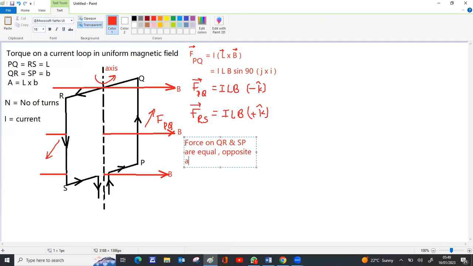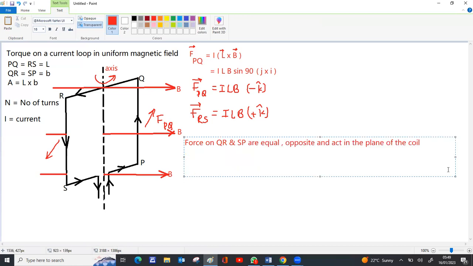Opposite, and act in the same plane of the coil. So it won't produce any torque, it won't rotate, just act up and down, try to displace, but they are getting cancelled. Hence, no torque.